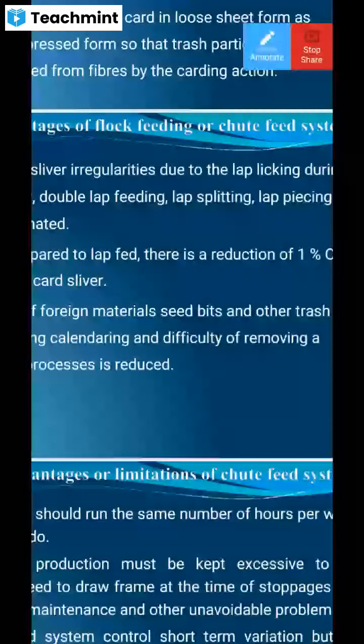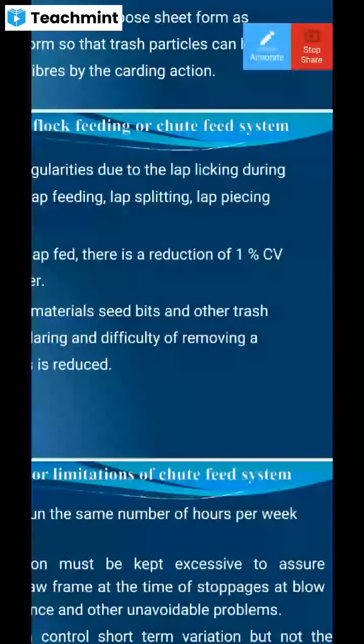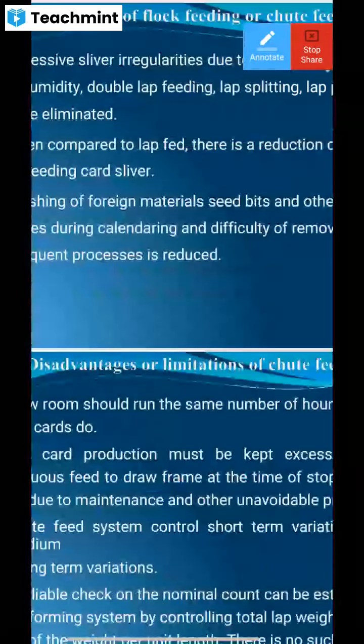That means the 4 mm particles split into so many particles, very, very micron size particles, due to compression. Crushing of foreign material, seed bits and other trash particles during calendering, and the difficulty of removing in subsequent processes, is reduced.